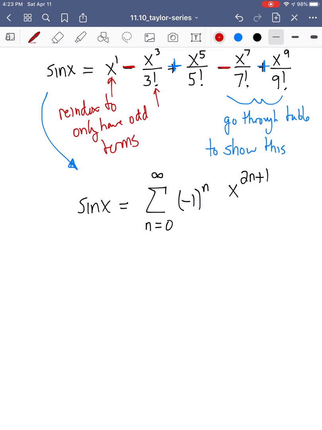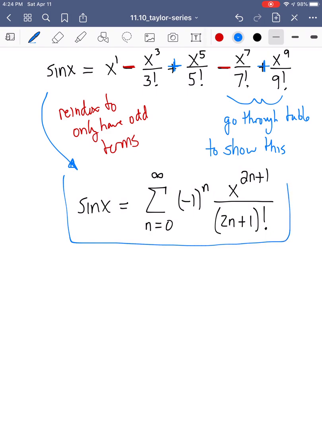So we're able to capture the correct power of x on the second term, and all the subsequent terms will be captured as well. And likewise, since we have the corresponding odd factorial in the denominator, we can write this as (2n plus 1) factorial in the denominator. And this is our Maclaurin series for sine of x.